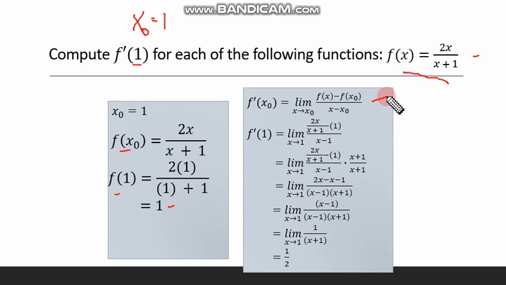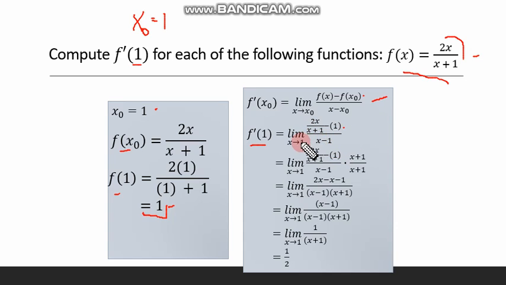Now let's solve the derivative of the function. Okay, so f prime of x sub 0 or f prime of 1 is equal to the limit of f of x, which is 2x over x plus 1 minus the f of x sub 0, which is 1, over x minus the x sub 0, or 1, as x approaches 1.